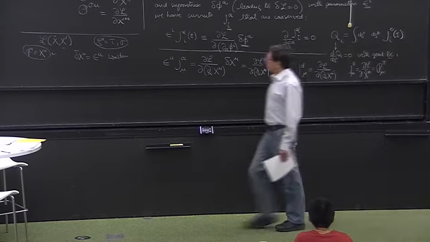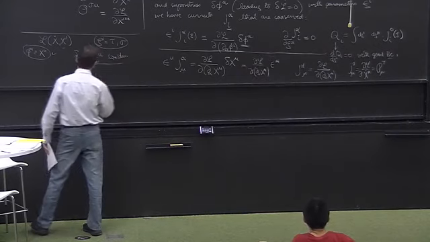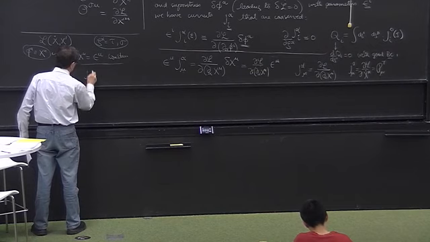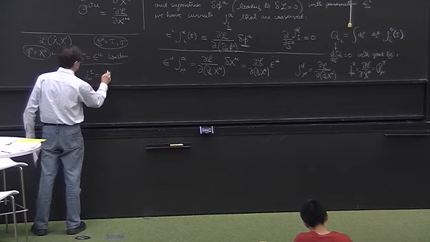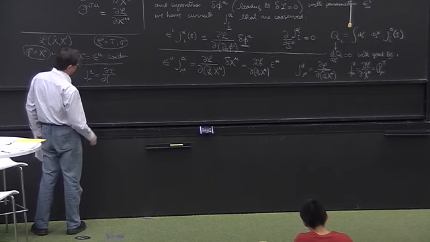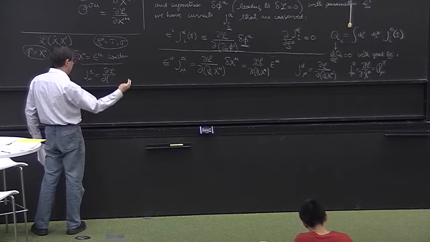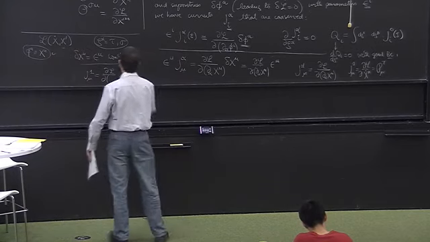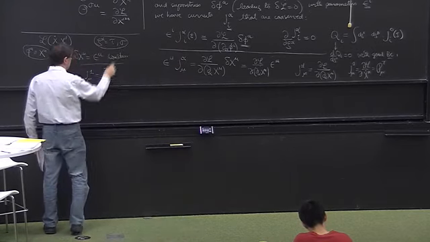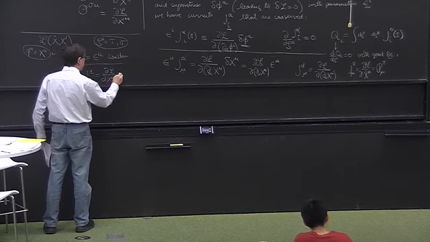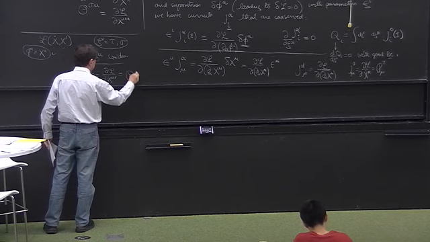Similarly, j mu 1 is dL with respect to d1 of x, but d1 of x is d sigma, so that's x mu prime, which is p mu sigma.